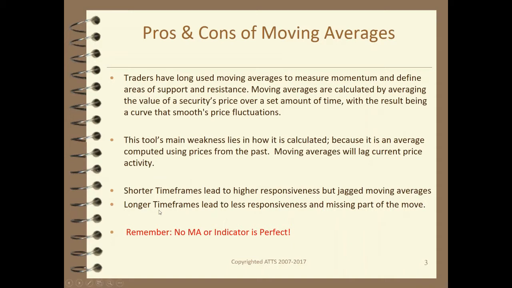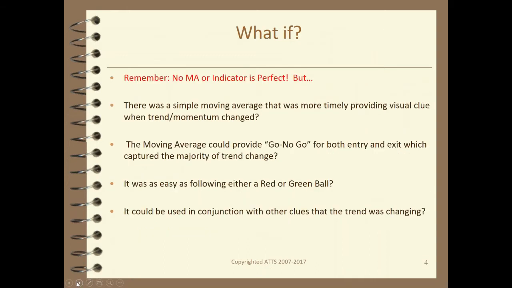Secondly, the longer time frame leads to less responsiveness, and you wind up missing part of the move. So remember, regardless, even what I'm going to show you in a moment, no moving average is perfect.